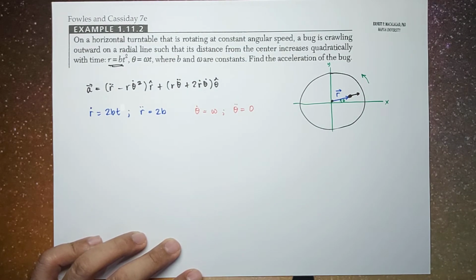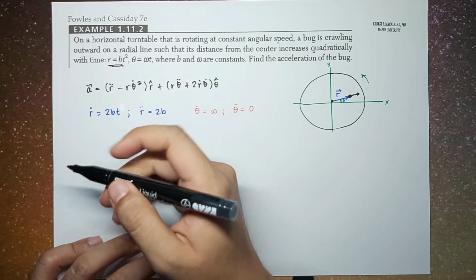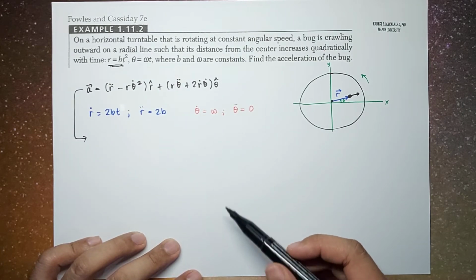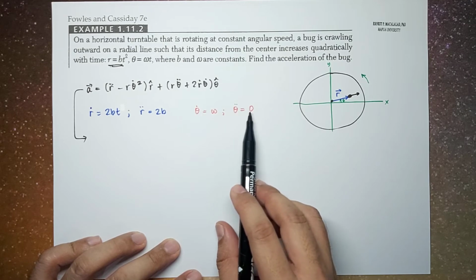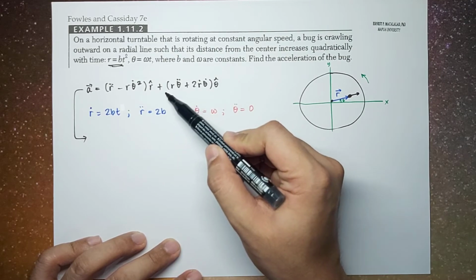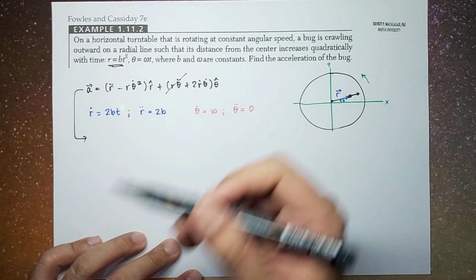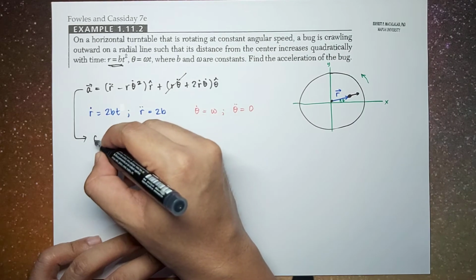So from here we can now substitute these four parameters into our original equation for acceleration. We know that theta double dot is 0, so this term will be 0, and then we just substitute the rest like this.